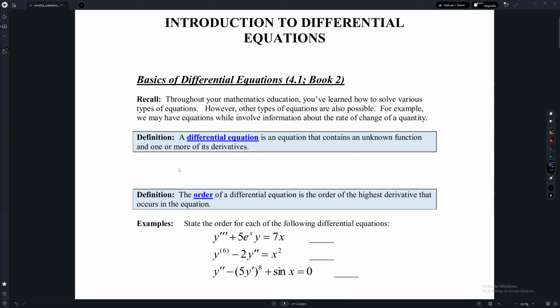So, what is a differential equation? What makes a differential equation is having one or more derivatives. So, remember before you would have f of x equals, let's say, x squared. This is one derivative. This is actually a differential equation. What does it mean, differential equation?